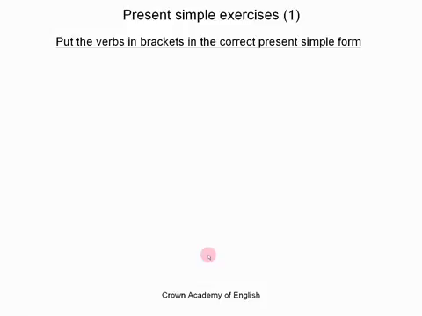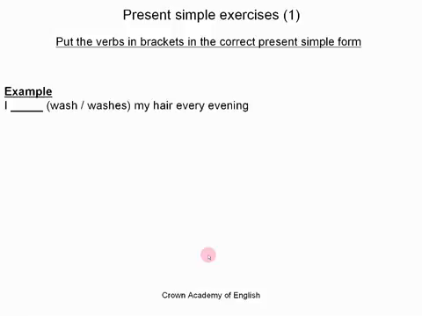Okay, so let's move on to some exercises. The first one is putting the verbs in brackets in the correct present simple form. For an example, here we've got the word I, and then there's a gap. You have to fill that gap with one of the choices in the brackets: either I wash or I washes my hair every evening.